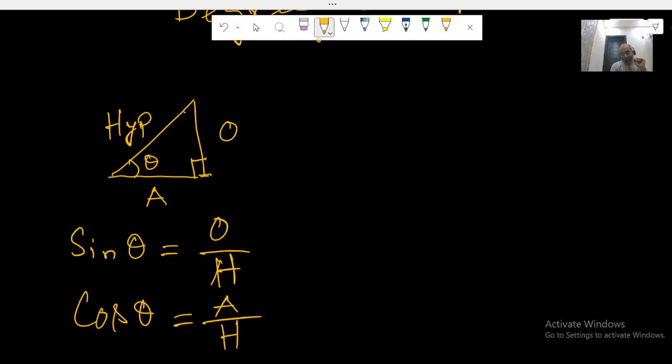For example, I take this angle as theta. Now opposite and adjacent sides will change. Now this is the adjacent side, and this side, opposite to the angle theta, is O. Now sin theta is again O over hypotenuse, and similarly cos theta will also change.